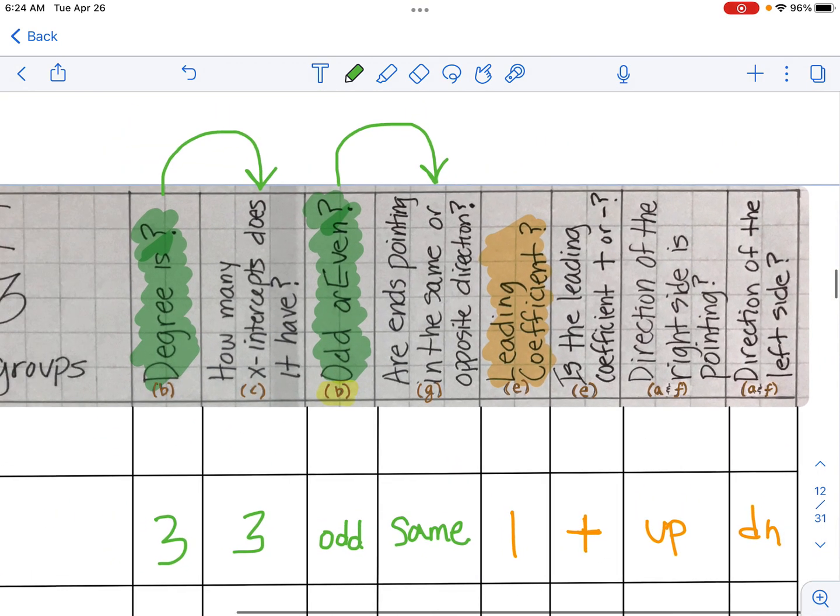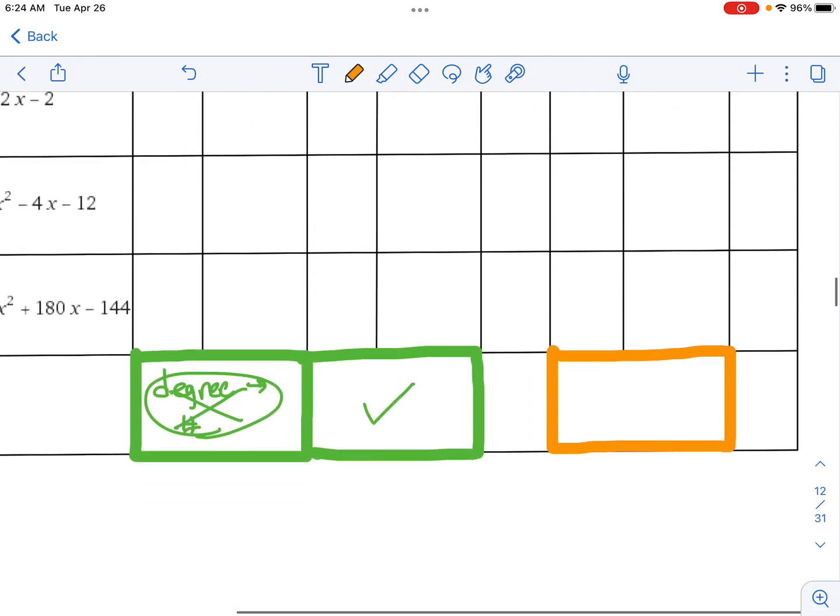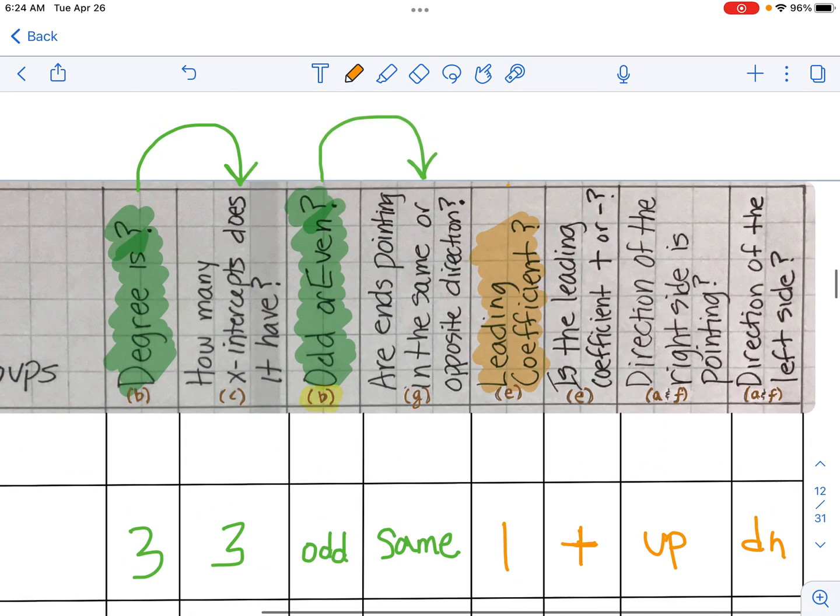And then the last connection you're going to make is looking at that leading coefficient and whether it's positive or negative, and telling me what the right side does. Because if we know what the right side does, then we can work this way with this knowledge and know what the left side does without even filling in this column here.